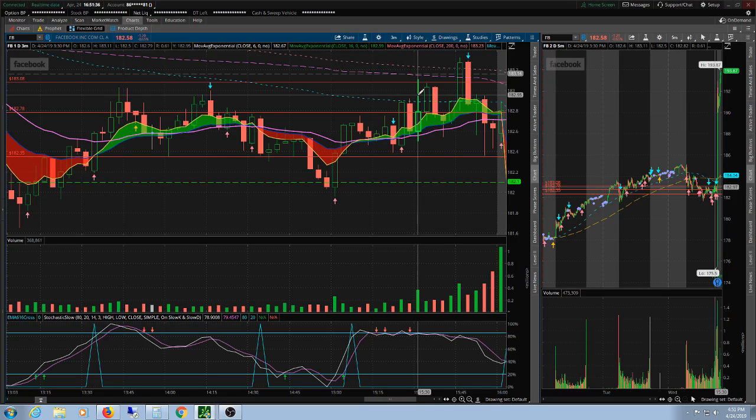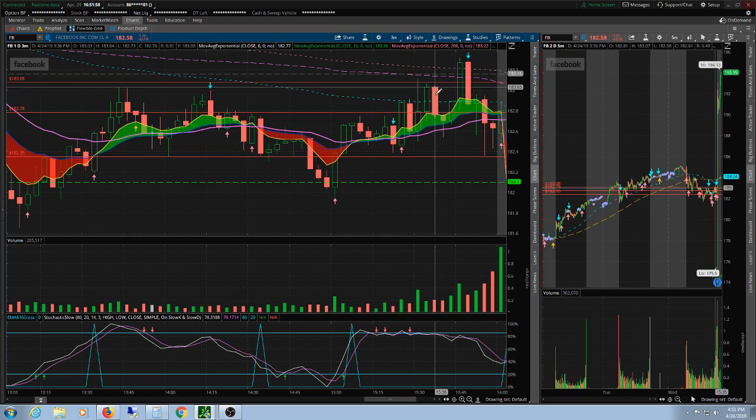I had an order in to sell the last two at $3. Didn't quite hit it. I think it hit 297 or something. So I did a market sell at 339, which would have been right at the beginning of this candle. I did a market sell for 279. So I made about 7 or 8%, 6%, something like that on this trade, paper trading.